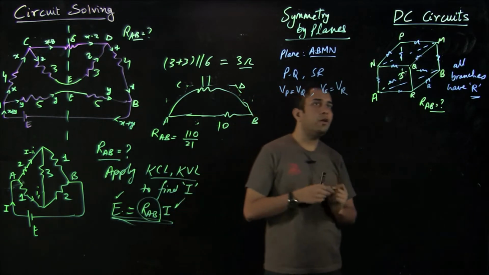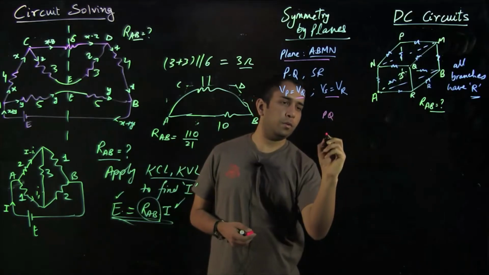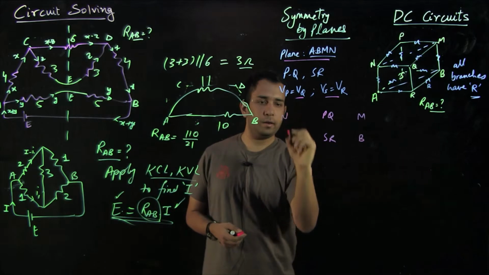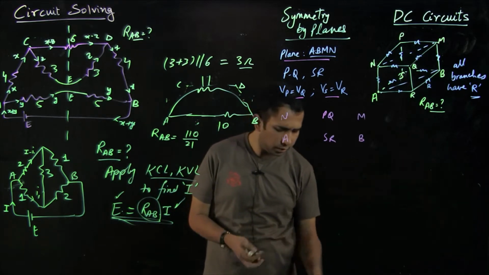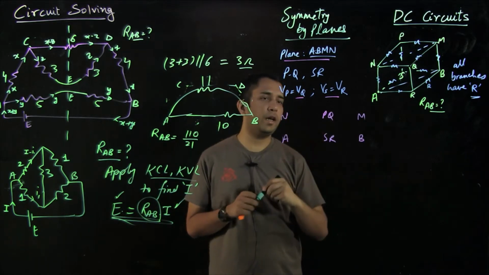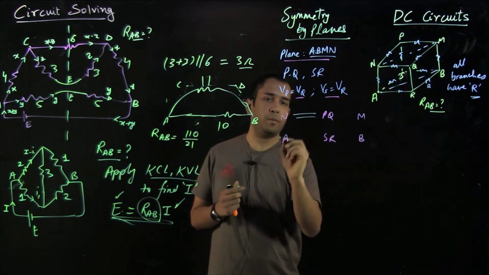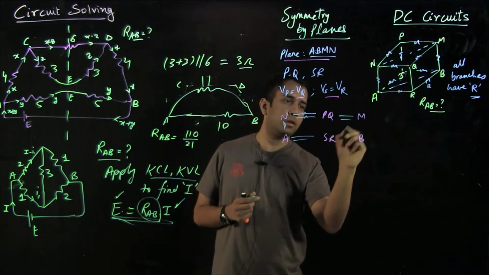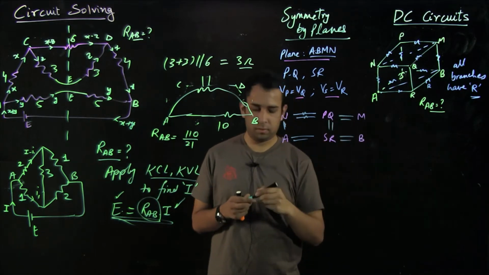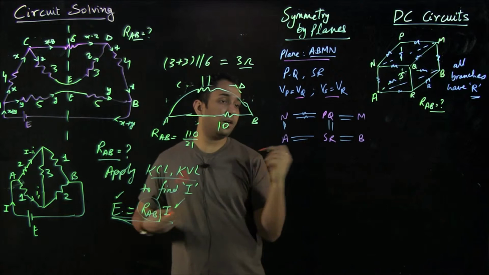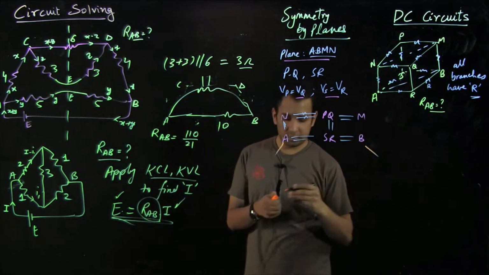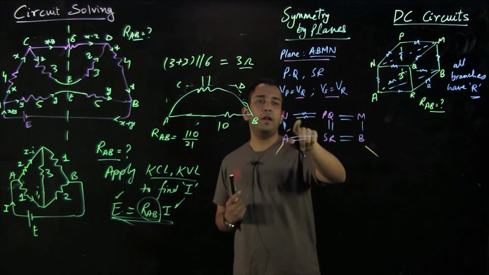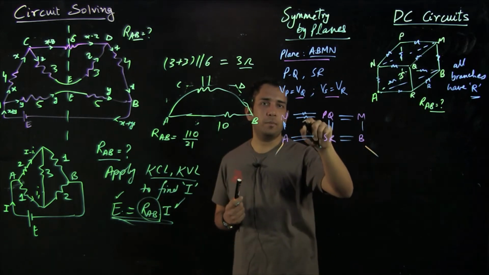So what we can do is just join them: PQ, SR, M, B, N and A. And instead of mentioning the resistance sign, I am just drawing them by wires, but these are all resistances. So as you can see, although the circuit is simplified, it's still not directly solvable, because this R and this R by 2, because two are in parallel.